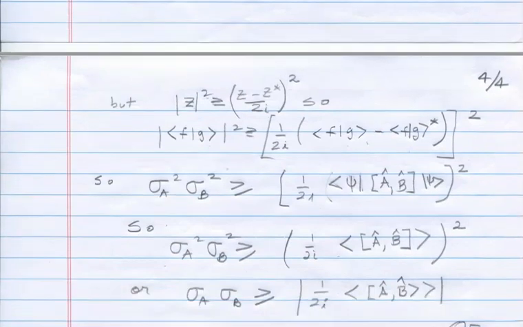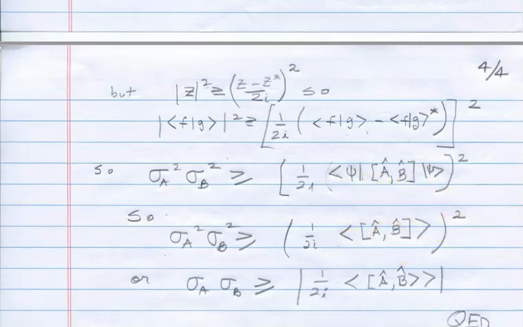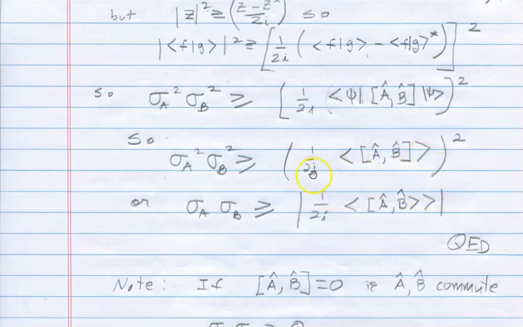So plug in the expectation value of the commutator, 1 over 2i, this thing in brackets here is just the expectation value of the commutator. Or if you like, this is really just the expectation value of this commutator, all quantity squared. So there's where the absolute square comes from.